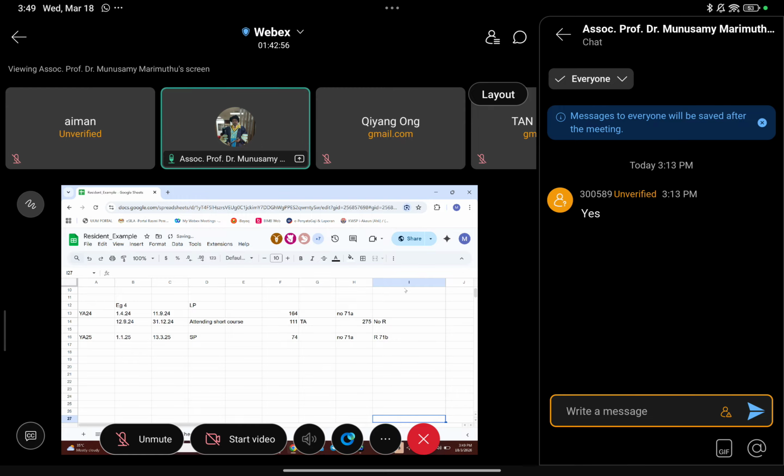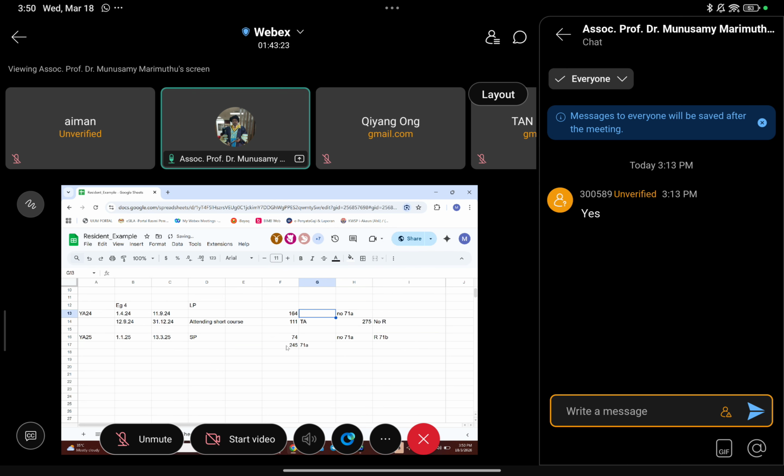Here, the same thing. 164 cannot. 74, so no 71A. How about here 71B? 71B here means if you have 245, this will become 71A.